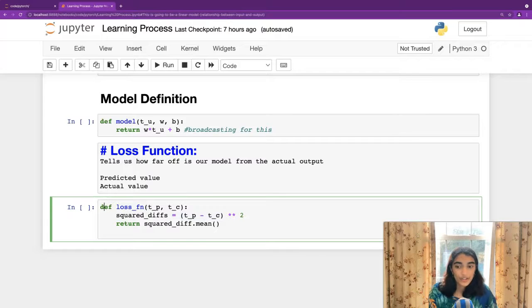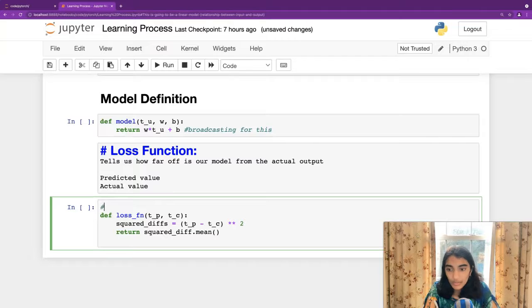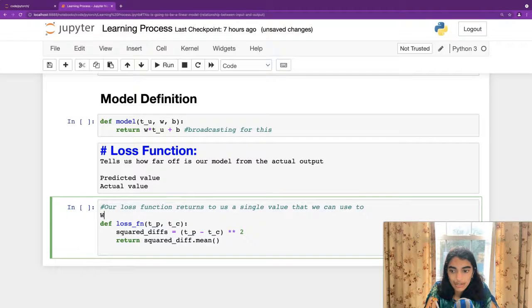But our loss function returns to us a single value that we can use to determine how much we need to adjust our parameters.